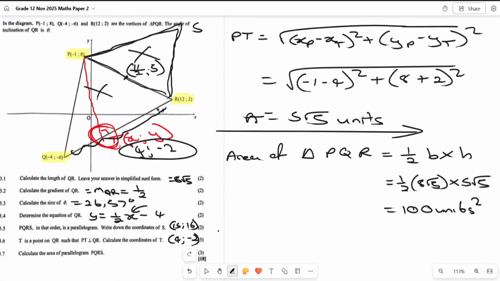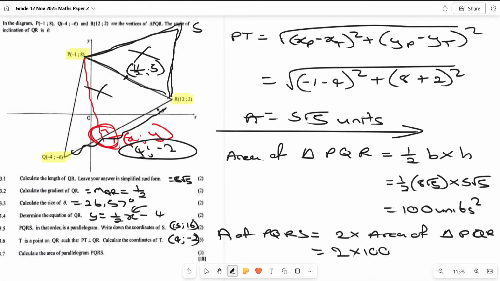So now let's just say area of PQRS is going to be 2 times area of triangle PQR, and then you can just say 2 times 100, and then your answer is going to be 200 units squared, right? I'm sure you guys got 18 marks in this question. 200 units squared, right? This one was for you to take home.